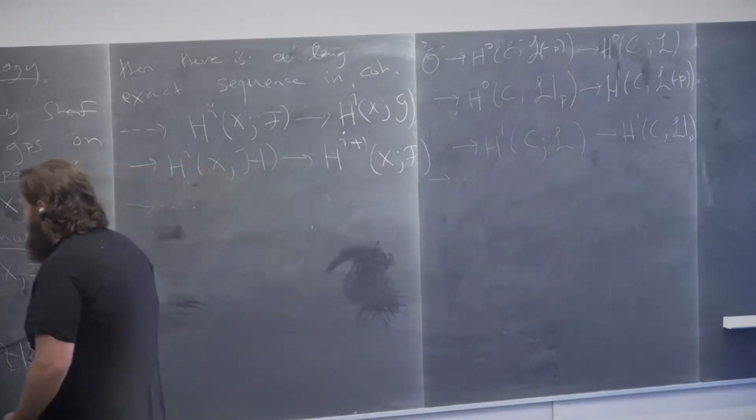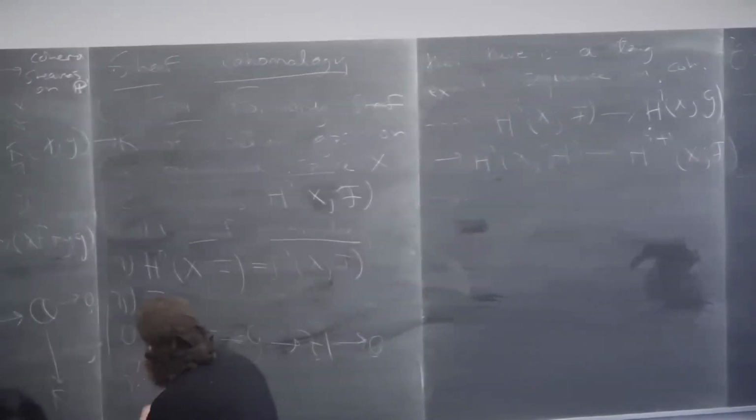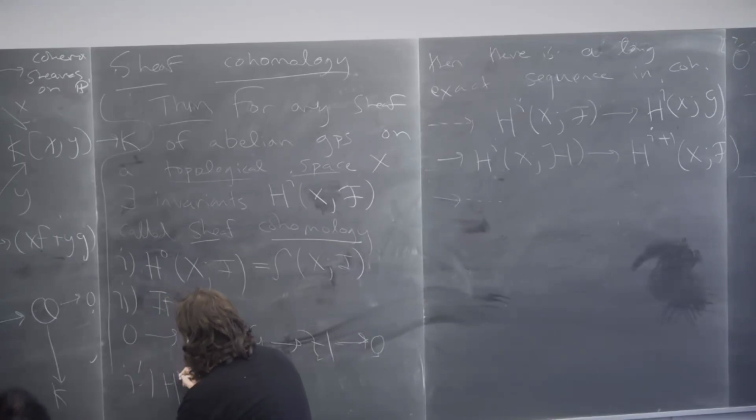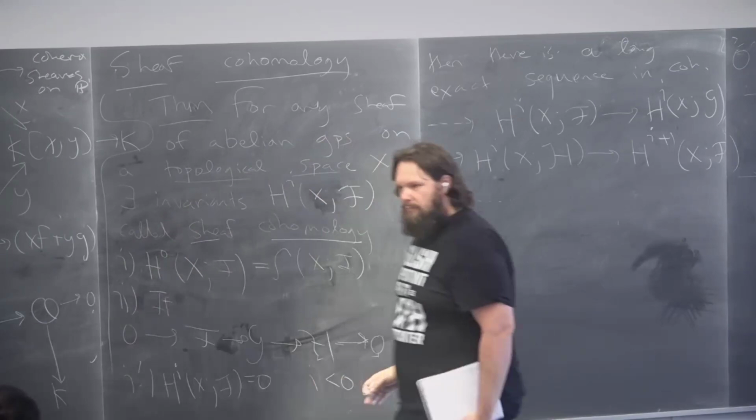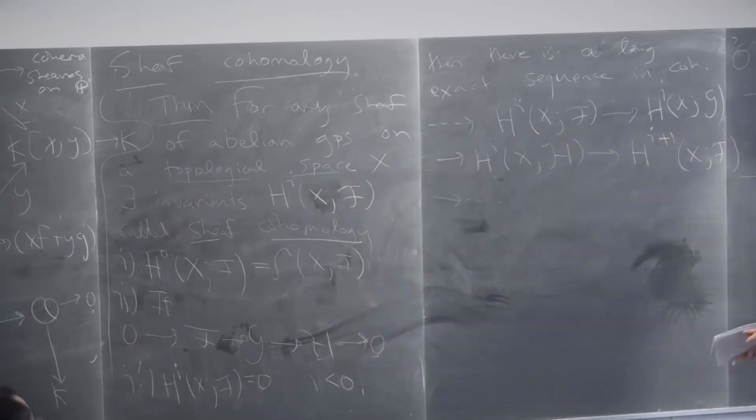So one thing I could add in here as a property, H1 prime, is H^i of X, F equals 0 for all negative i. That's essentially left exactness.